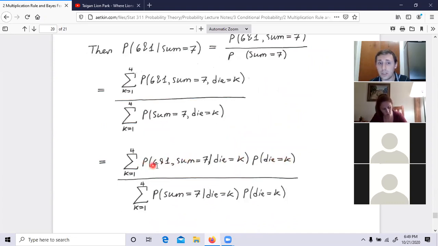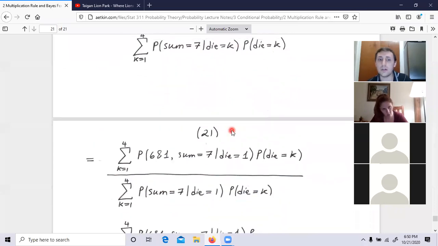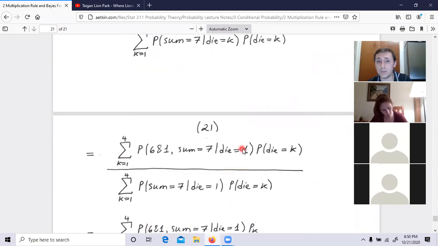This is just conditional probability. And then I notice the following. The probability that the sum is 7 and (6,1) came about, given that the die was die number k, is the same as if I assume that die number 1 came about, right? Because the probability of sum 7 given either die 1 or die 2 or die 3 is the same. So here is where I make the jump, because they're the same probability.